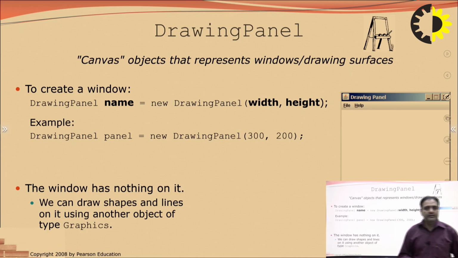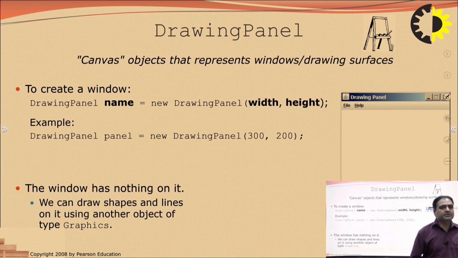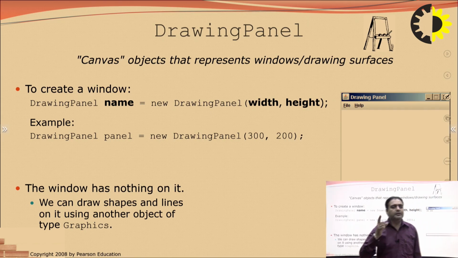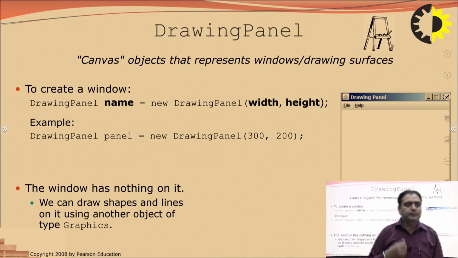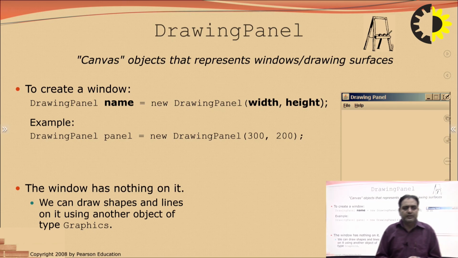It is a panel, known as a drawing panel. How can we create the panel? Using canvas objects that represent windows and drawing surfaces. A canvas means the particular surface on which you are drawing the objects, meaning the line objects and the different shapes.